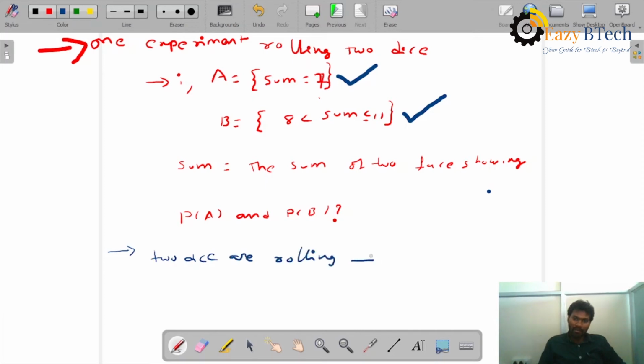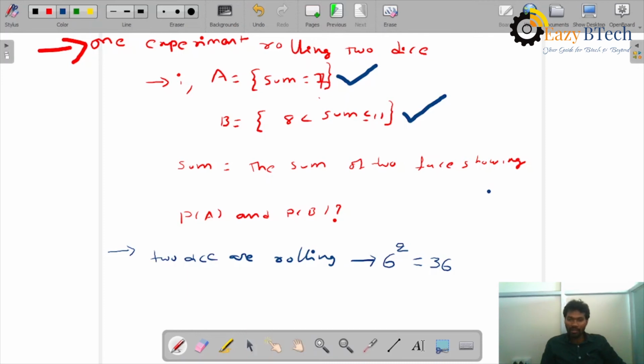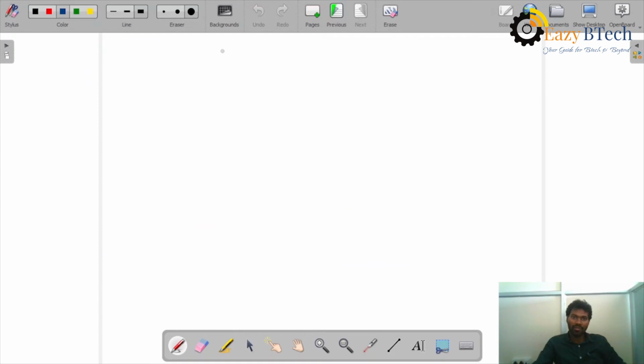That means the number of outcomes is 6 for each one, so 6 into 6, that means 6 square. The total number of outcomes of your experiment is 36. 36 chances are there when two dice are rolling.